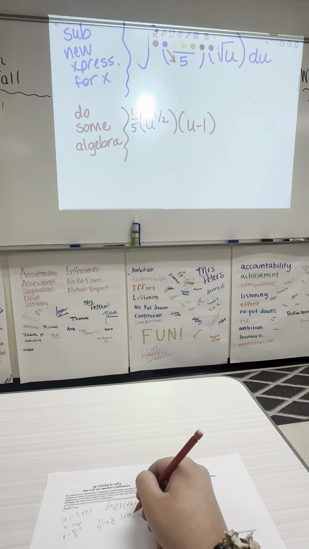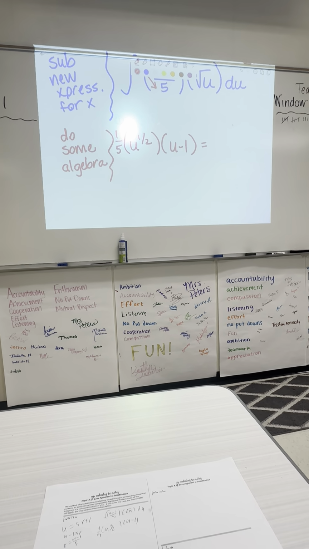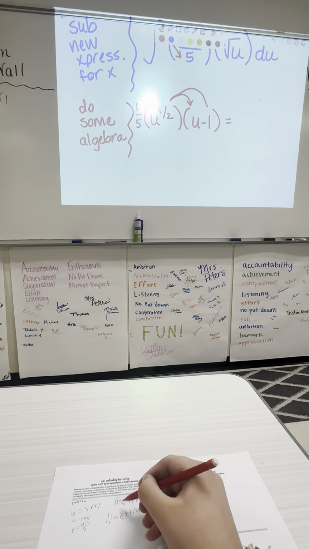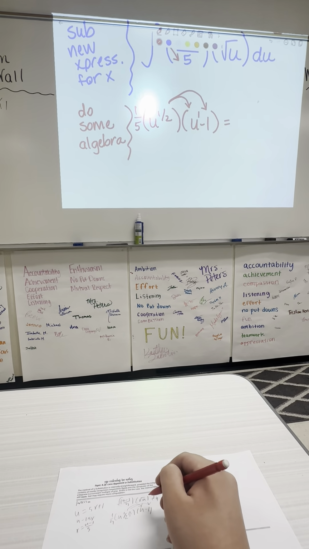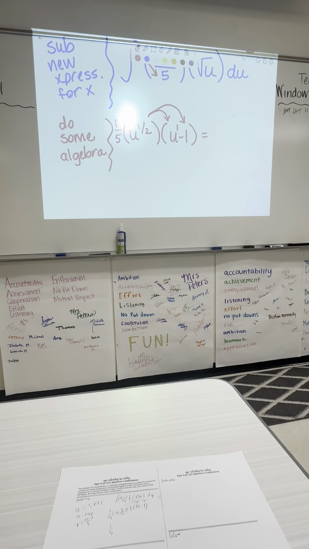What can we do to multiply these? Distribute. All right, what's u to the 1/2 times u to the 1? What do we do when we multiply exponents? Add them.